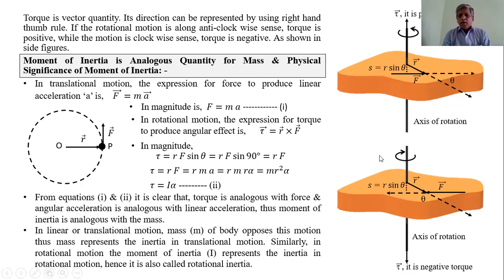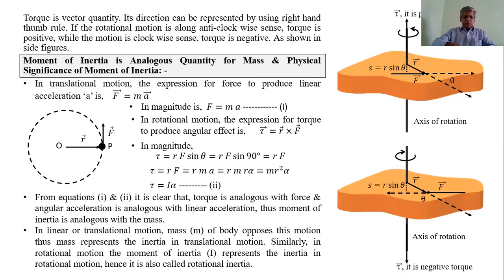Here, a rigid body, and when we apply the force to this body in such a way that the body performs anti-clockwise rotation when we observe from the top side like this.